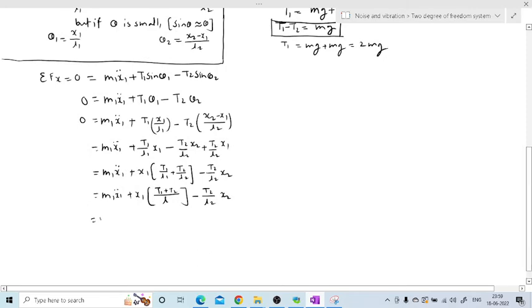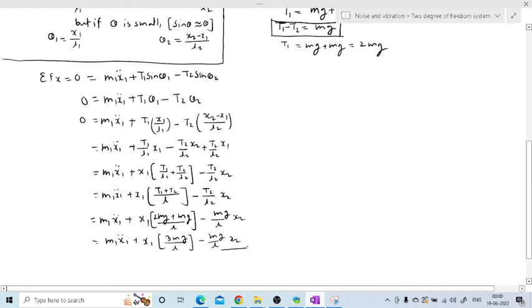So m1 x1 double dot plus x1 in bracket, the T1 is nothing but 2 mg plus T2 is mg divided by L, minus T2 is mg divided by L into x2. So this equation will become m1 x1 double dot plus x1, 2 mg plus mg is 3 mg divided by L, minus mg divided by L into x2.